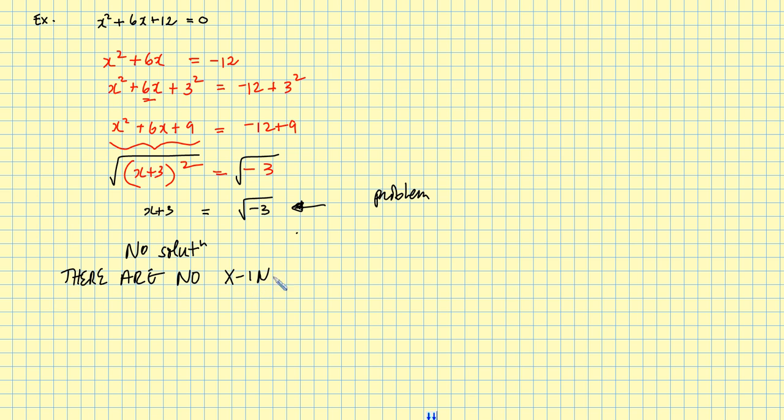Remember that we're always looking for the x-intercepts. And because I have a negative under the square root, that means that there are no x-intercepts. So my graph is probably something like this, or something like this. Well, it's definitely facing upwards, so that I know that the graph is somewhere up here. Okay, and it's not touching the x-axis.